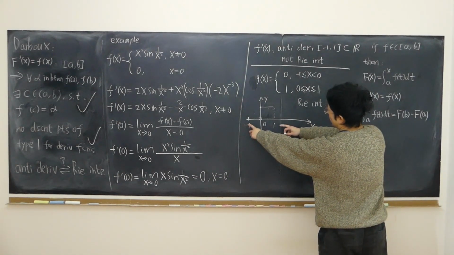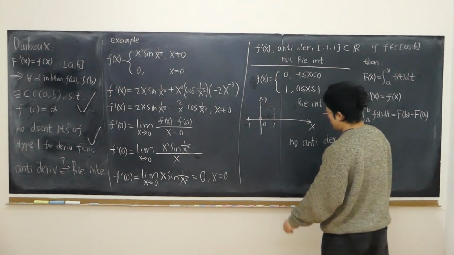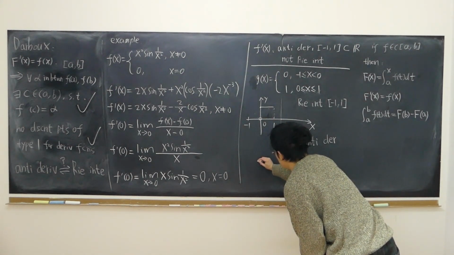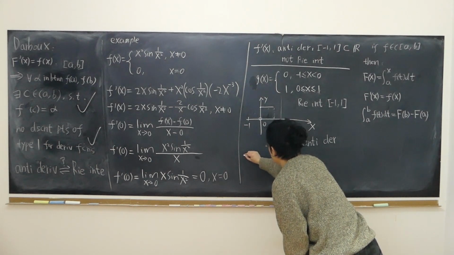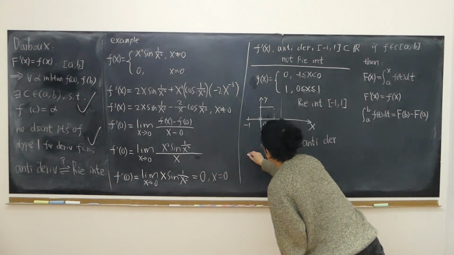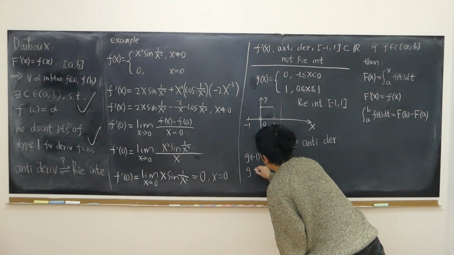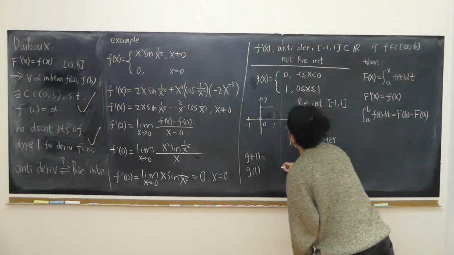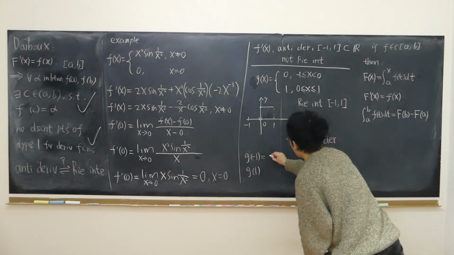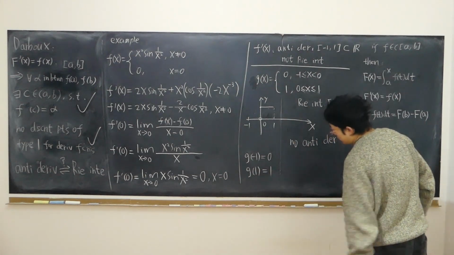So the closed interval a, b is my -1 and 1. So supposedly it should take all the values in between g of -1 and g of 1. That is 0 and 1. So it should take all the values in between 0 and 1.